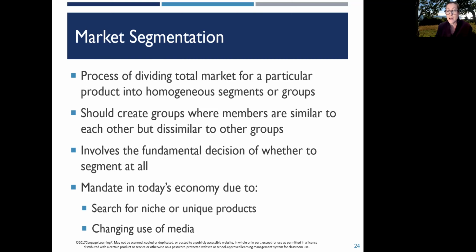So we refer to that as homogeneous segments, right? So these groups of people, if we're in the consumer market, or groups of organizations, if we're in the business markets, are homogeneous segments within the total market, right? So we take the total market and then we look at specific segments in that total market.